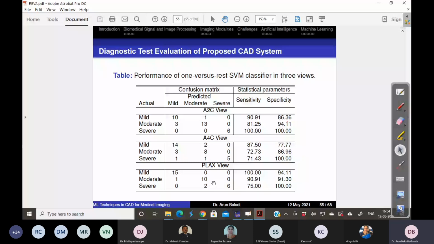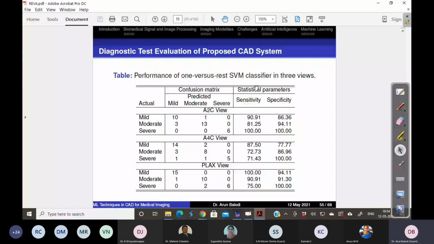Because it did not happen for the same, the sensitivity and specificity did not come to 100%. It means we have a lot of chance to improve our model. So we can improve the sensitivity and specificity of our model by doing further feature extraction or changing the methodology.